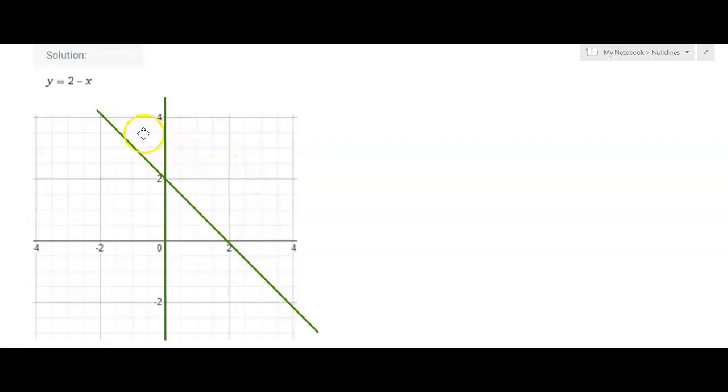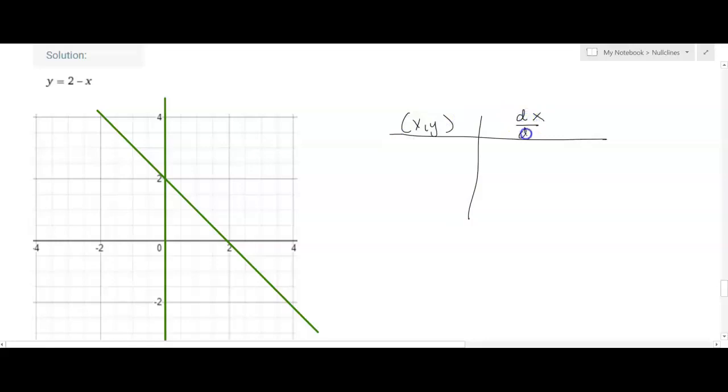I have region 1, region 2, then this region down here, and this region over here. If I plug points into my differential equation in each of those 4 regions and look at the sign of dx/dt, the only way for dx/dt to change from positive to negative is to jump across one of those nullclines.